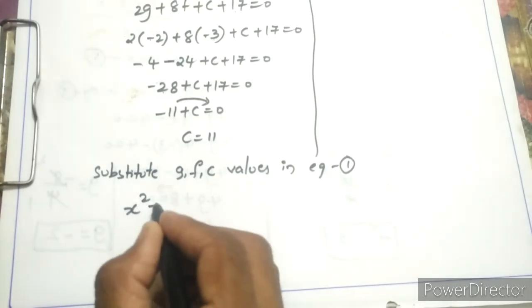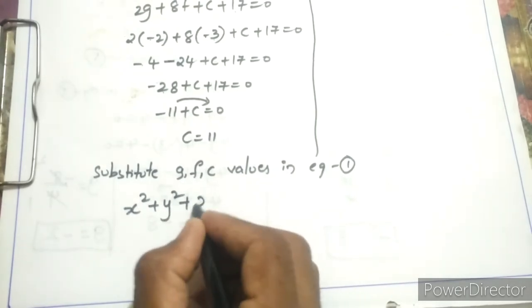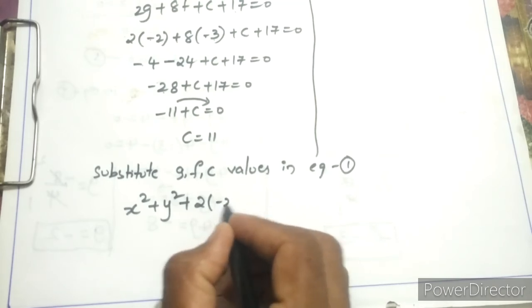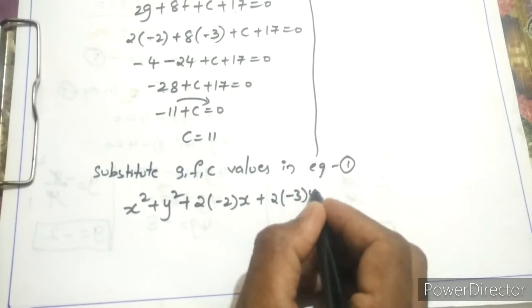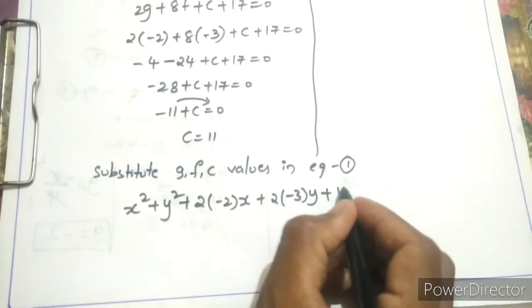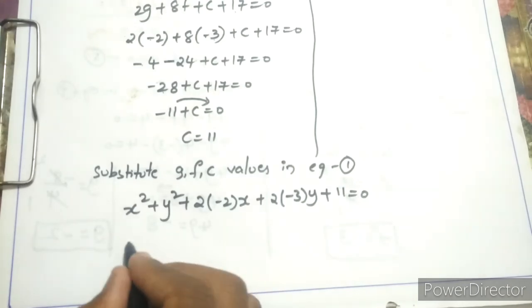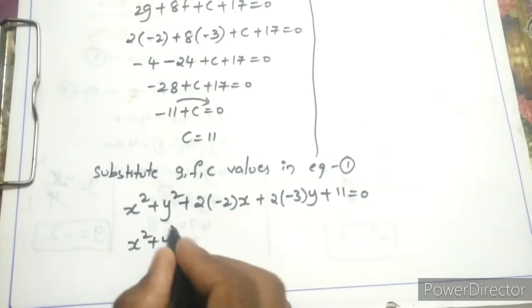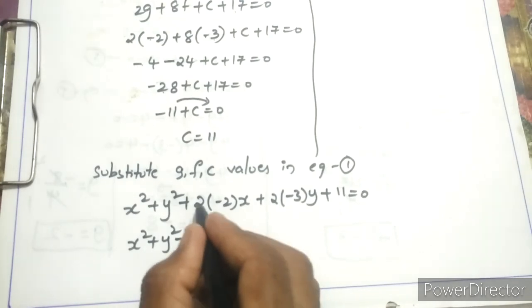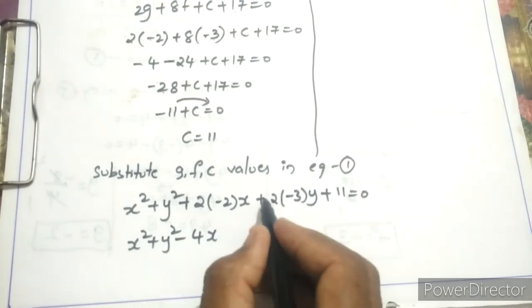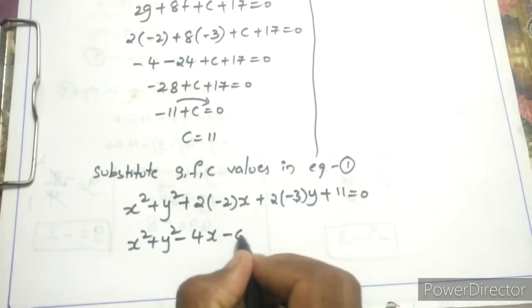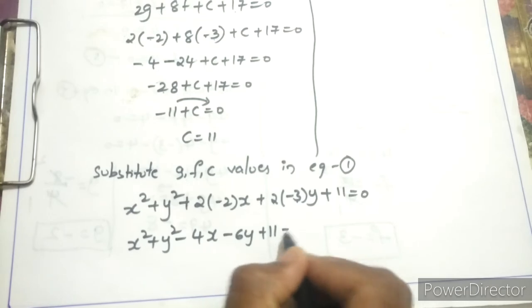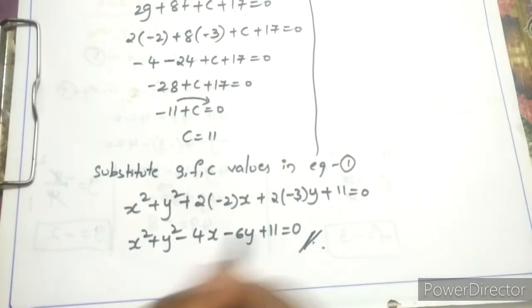So x square plus y square plus 2 into g value, minus 2, into x plus 2 into f value, minus 3, into y plus c value, plus 11 is equal to 0. So x square plus y square, plus into minus, minus 2 twos are 4x, plus into minus, minus 2 threes are 6, 6 into y becomes 6y plus 11 is equal to 0. So this is our required equation of the circle.